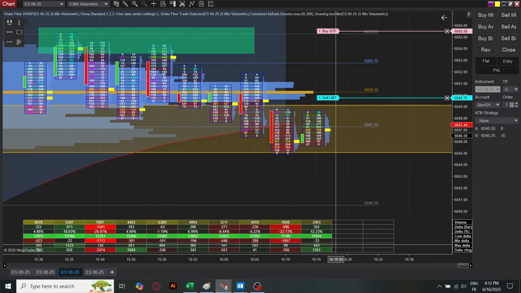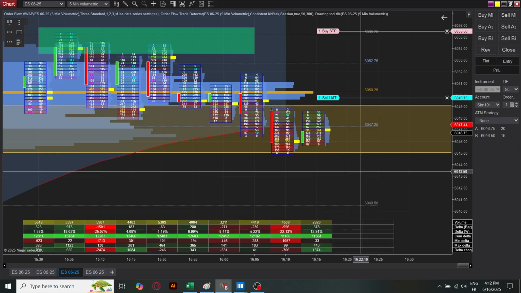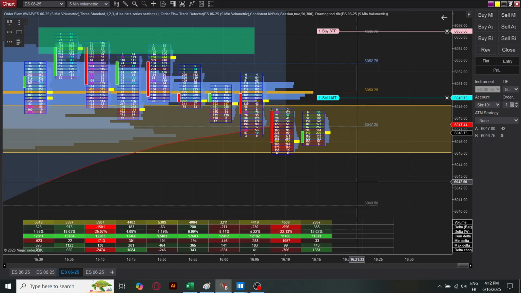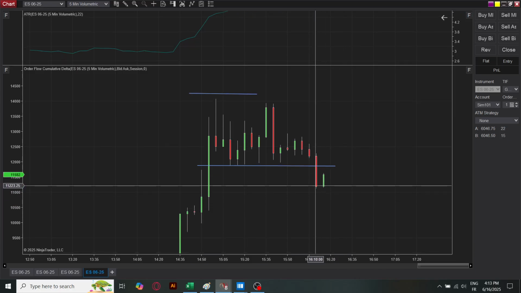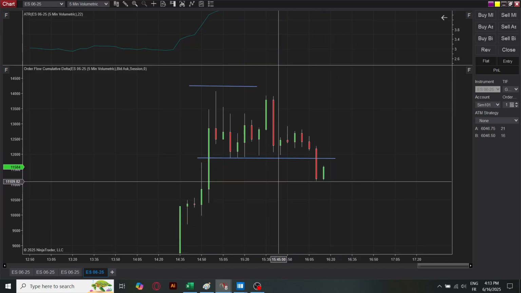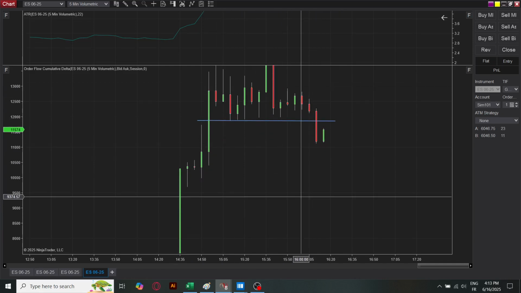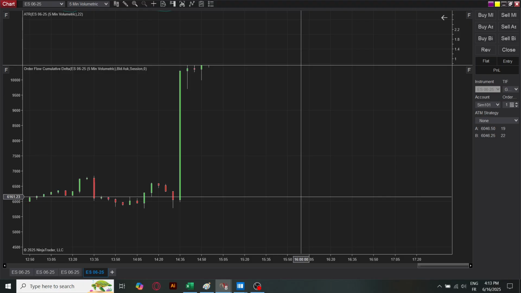Delta bar is close to the maximum delta, but price is not going up. This is a pure signal of absorption. Sellers are absorbing.